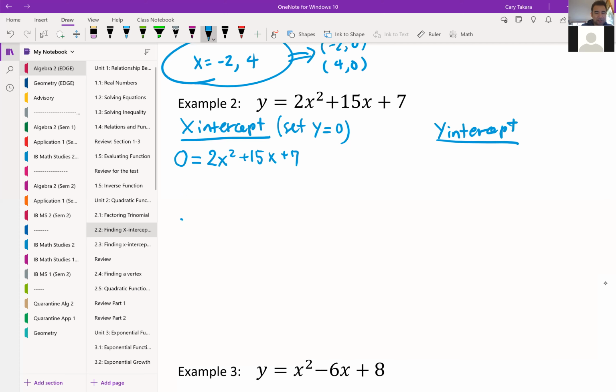I'll just leave a little space. And then it's going to be 2x and x. And then the 7 will be 1 times 7, isn't it? That's the only possibility. So I'm going to put 1 and 7.